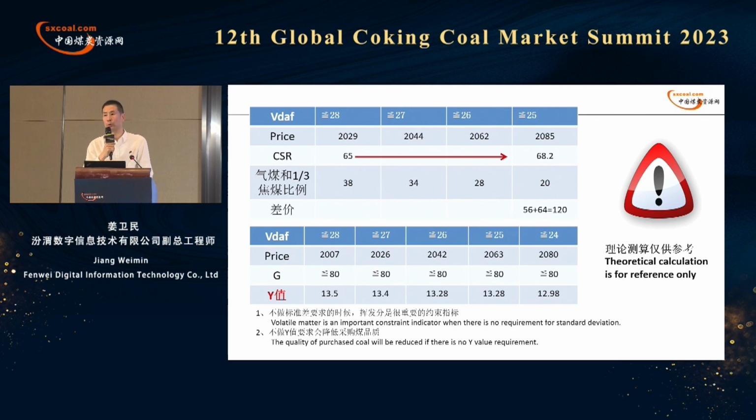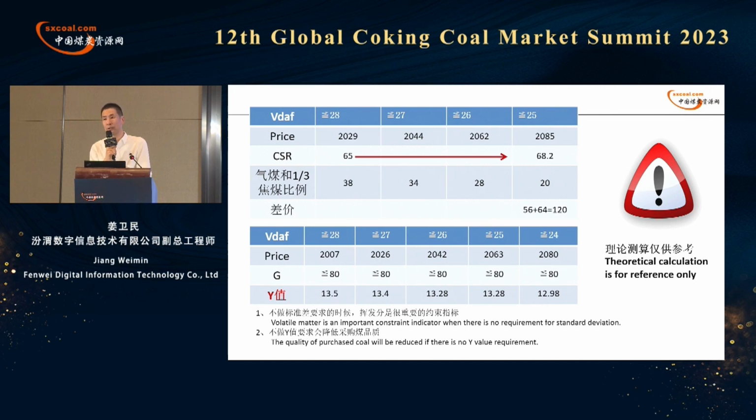2.85 and 2.9 would give you a price spread of 64 yuan. So in reality, when you are working on the standard, each digit of volatile matter may generate a price difference of 10 yuan. And Y value is also very important, and it's a baseline requirement.